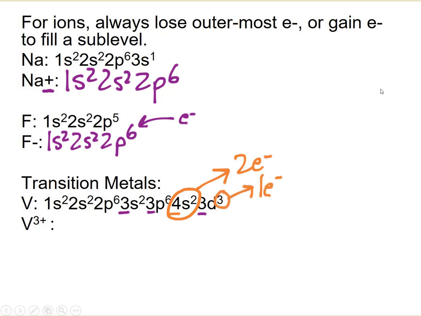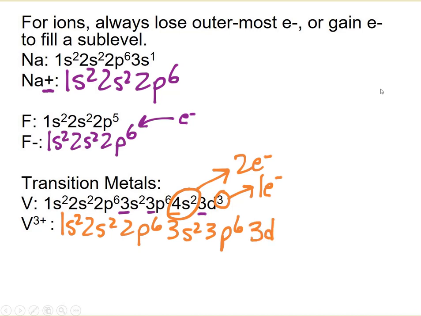So I have vanadium +3, so that means it lost 3 electrons. So 1s2, 2s2, 2p6, 3s2, 3p6, and then I will have 3d2. So that's my leftover. So those s electrons are lost first whenever you have a transition metal, and then you lose your d electrons.